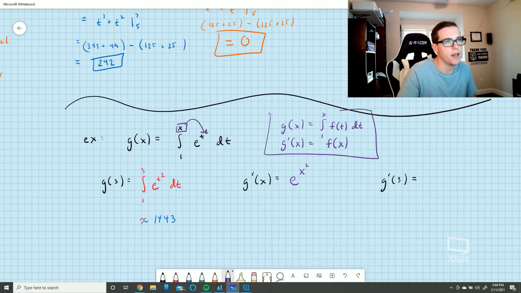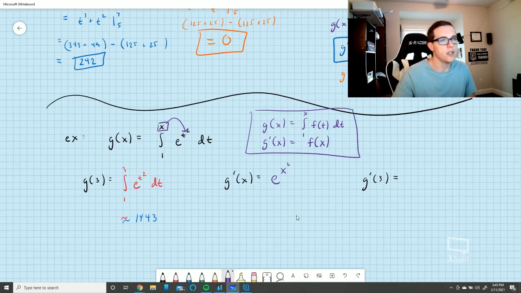That's the big connection I'm trying to make. So if I take the derivative of both sides, the derivative and antiderivative symbol cancel each other out, and you're left with just f with the x function plugged in. And then finally, g prime of 3 just means plug 3 in. It would be e to the 9.